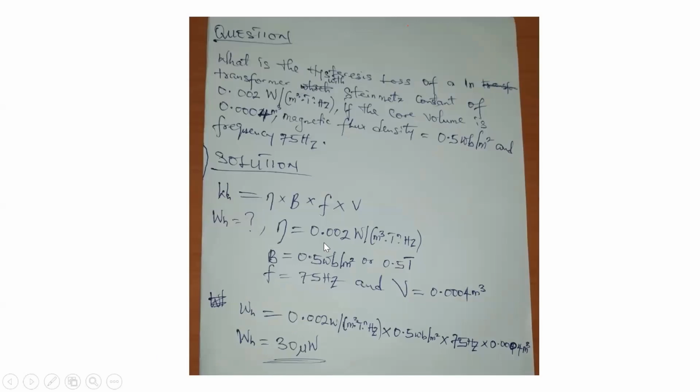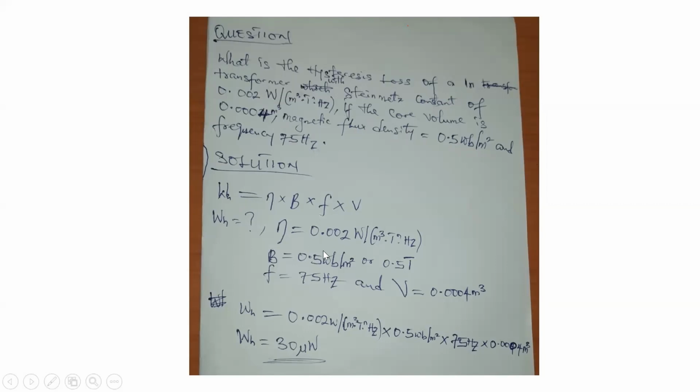So this is just a simple question I try to solve here. What is the hysteresis loss of a transformer with Steinmetz constant of 0.02 if the core volume is 0.004 cubic meters, magnetic flux density 0.5 Weber per square meter, and frequency of 75 Hz?